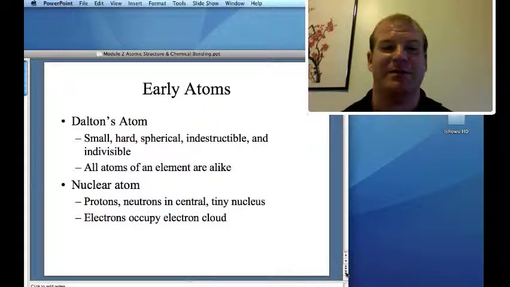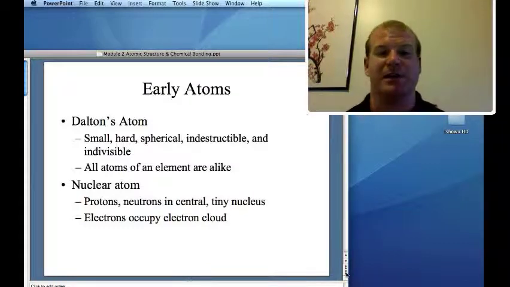So let's talk about the atoms. We talked about Dalton's atom last time. He thought that all atoms of the same element were alike and that atoms of different elements were different. And he also thought they were spherical, like balls in a playpen. Turns out that he's wrong, and the more correct answer is the nuclear atom from Rutherford.